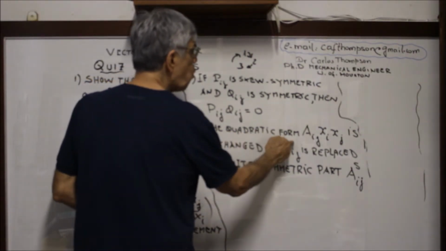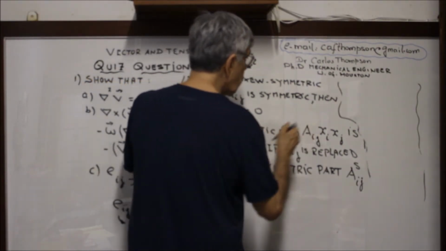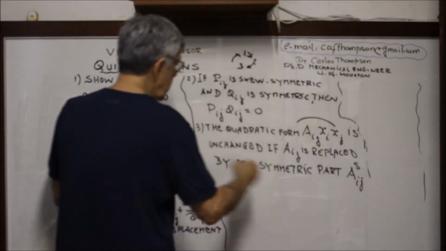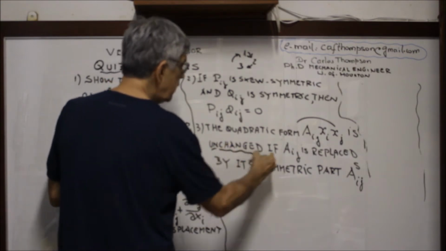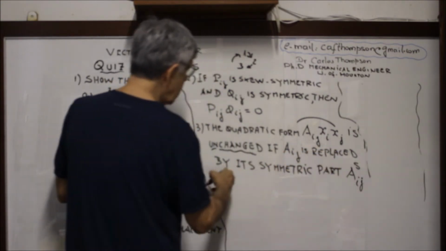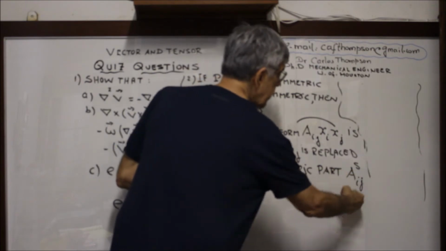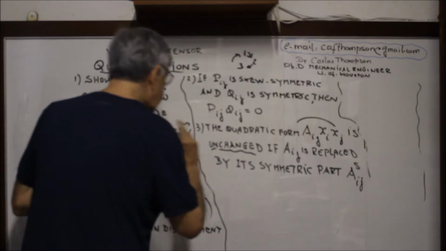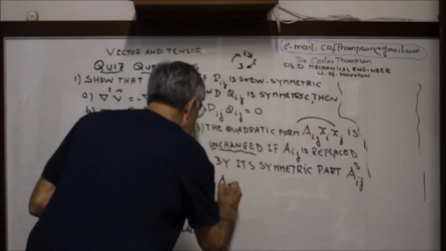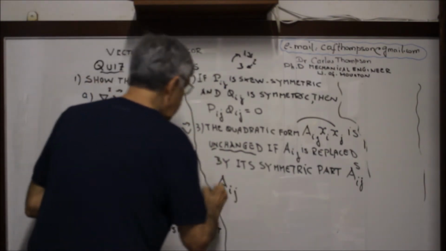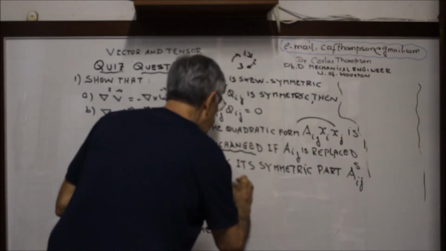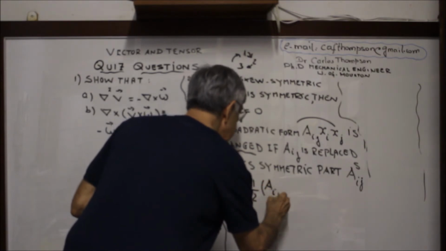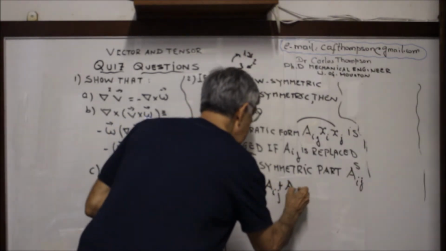The quadratic form Aij xi xj is unchanged if Aij is replaced by its symmetric part Aij^s. Now, attention here: any second order tensor is equal to one half of Aij plus Aij.